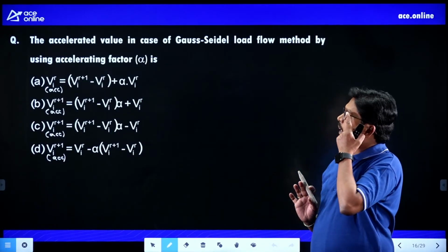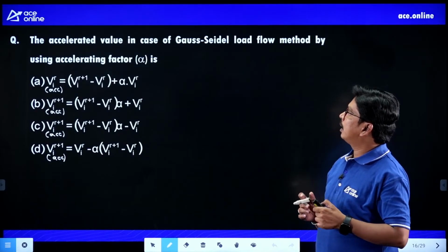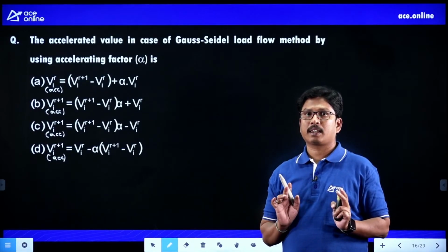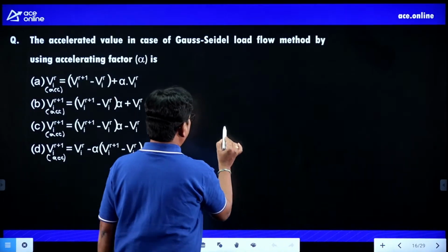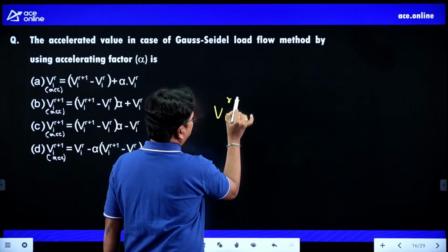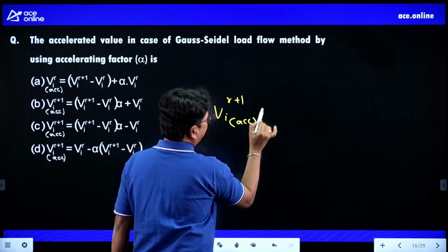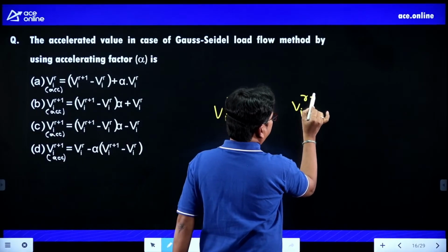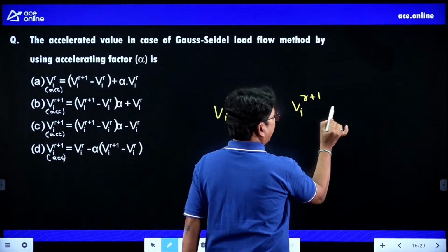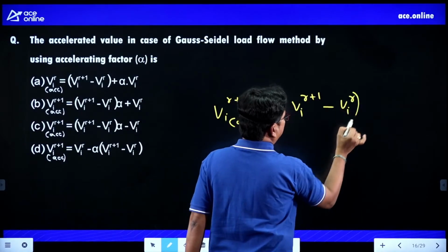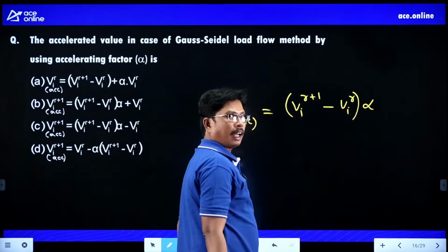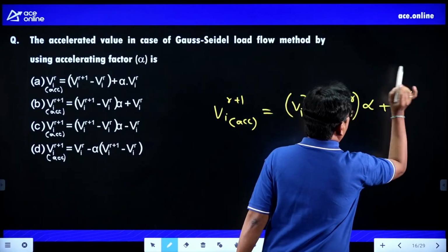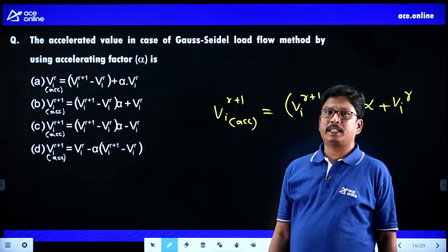If you want to calculate Vi of r plus 1 for the accelerated value, take the r plus 1th iteration minus the rth iteration, multiply that with the accelerating factor alpha, and add it to the previous iteration value.